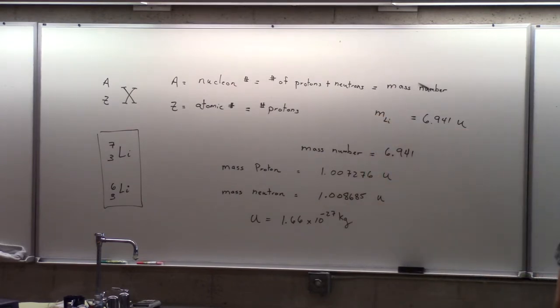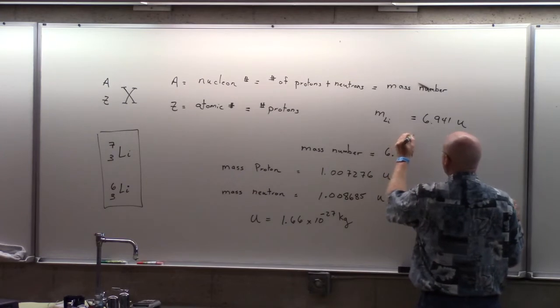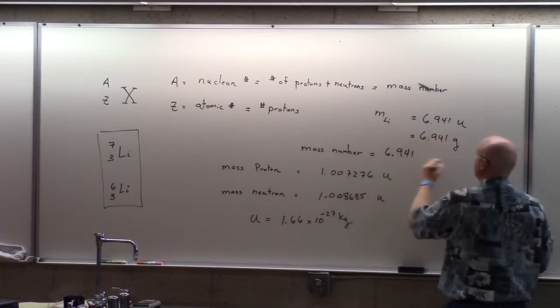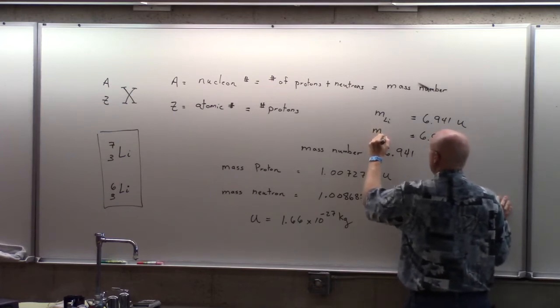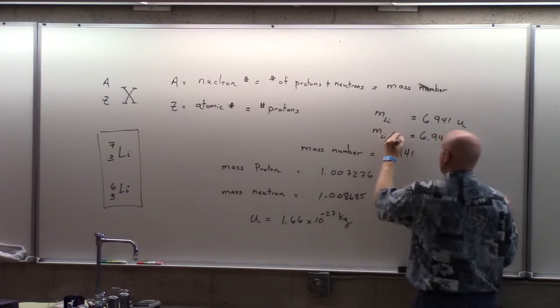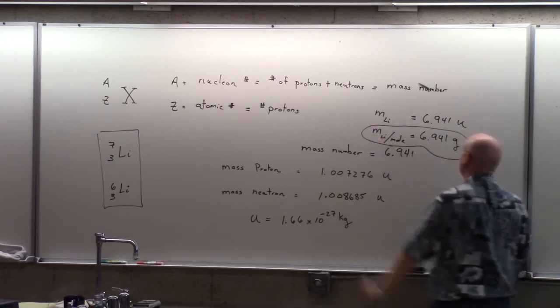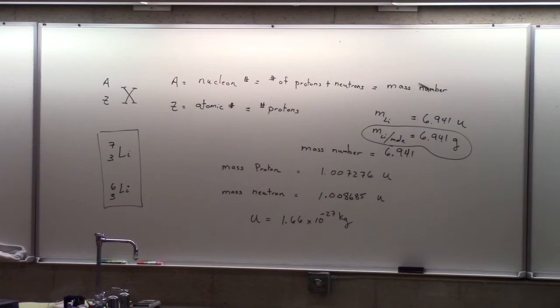Now, by the way, in passing, but not real relevant for us here today, if you had 1 mole of lithium, then you would say that the mass of 1 mole is 6.941 grams.